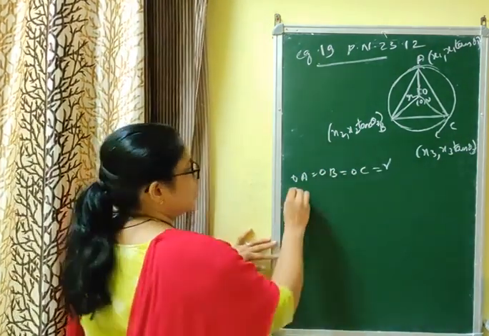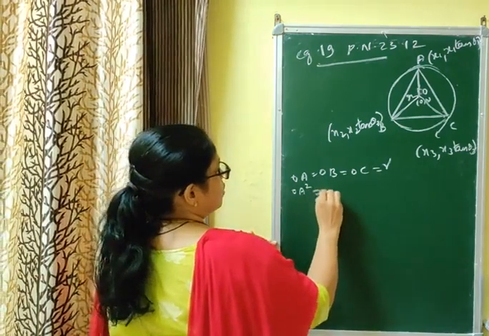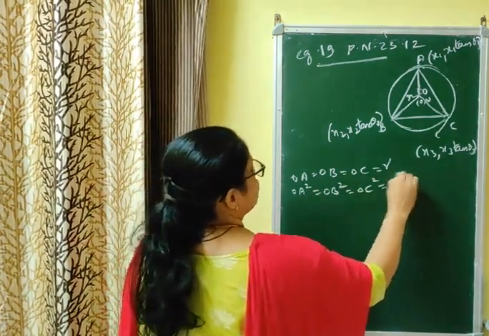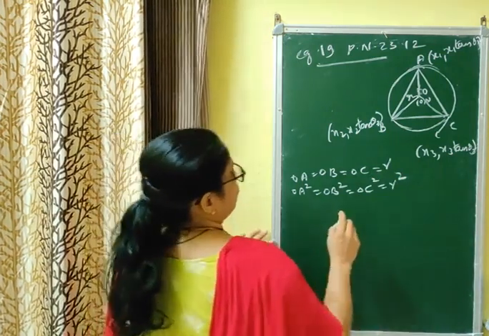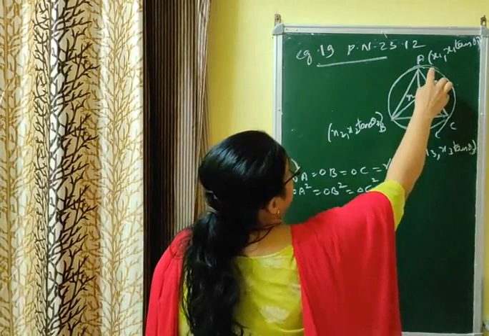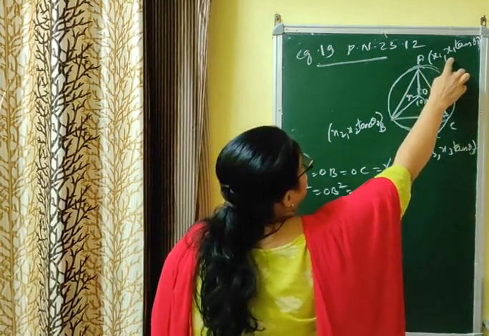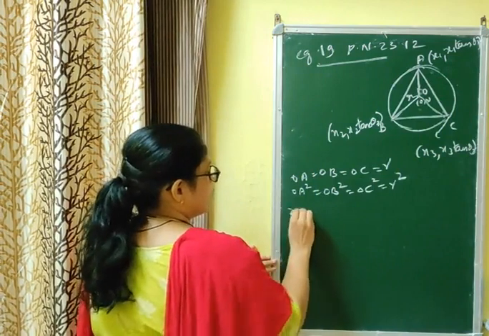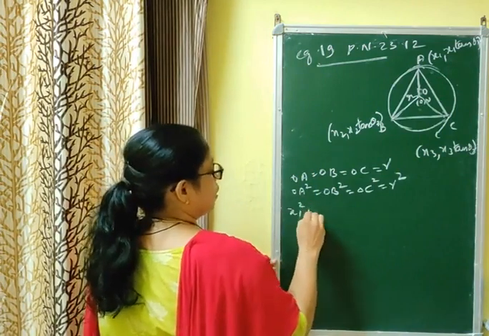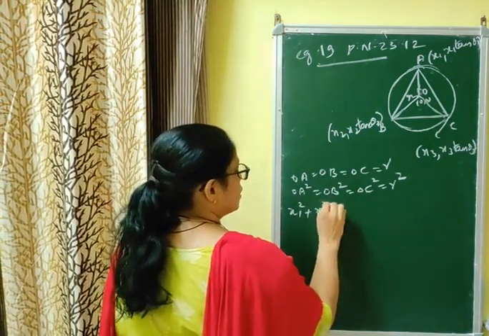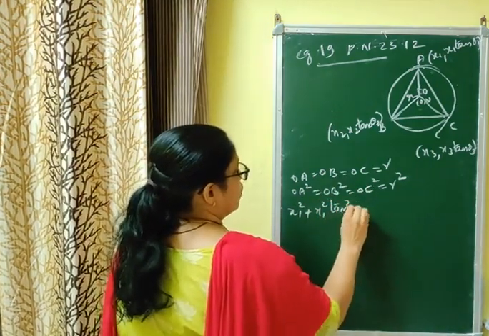For convenience, that implies OA square is equal to OB square is equal to OC square is equal to r square. What is OA? OA is the distance, this one. By distance formula, x1 minus 0 whole square plus x1 tan theta 1 minus 0 whole square. That means x1 minus 0 is x1 itself, x1 square plus x1 tan theta 1 minus 0 is x1 tan theta 1 itself, tan square theta 1.